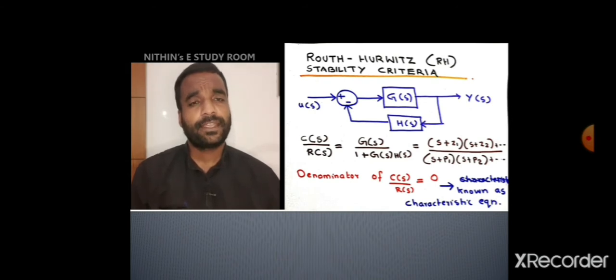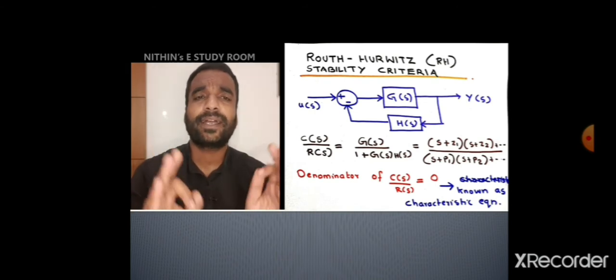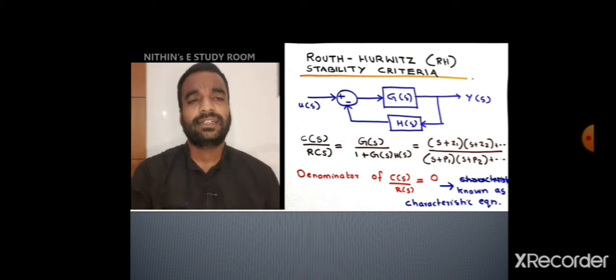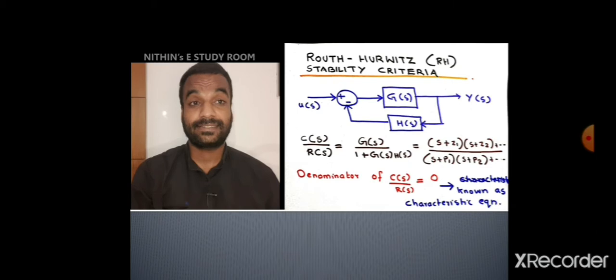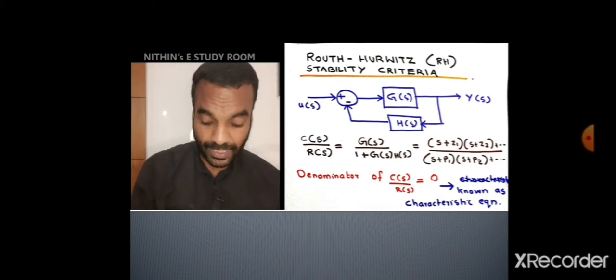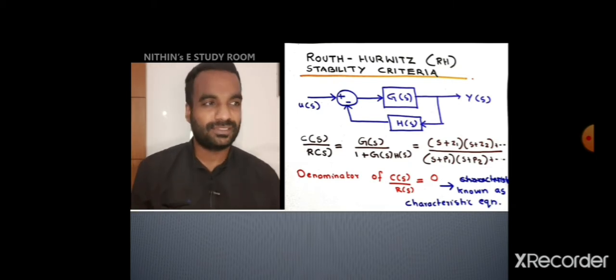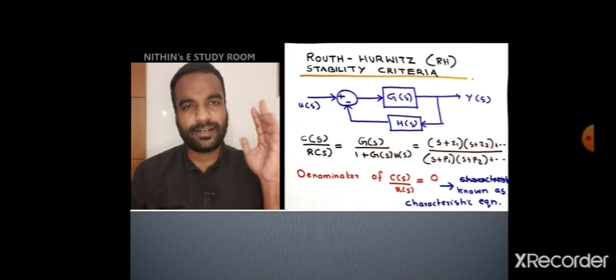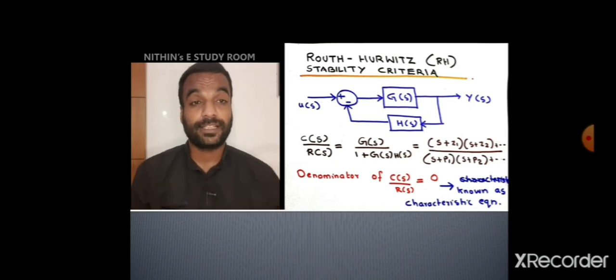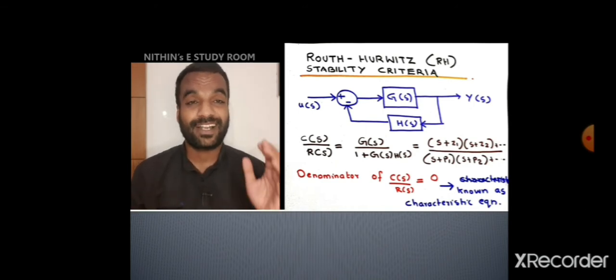Now, if the denominator of C of s by R of s is equal to 0, that equation is known as the characteristic equation. That is, we are only talking about the poles from now onwards. We are avoiding the numerator.